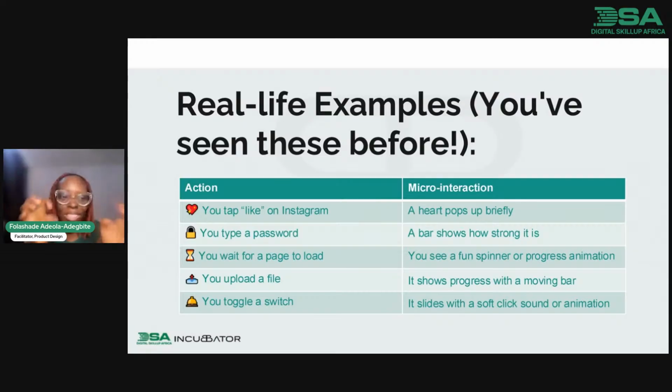That is the interaction, that thing that happened when you tap. If you are not using your phone for watching this lecture, go on Instagram and like somebody's post. You will see that the heart will pop up briefly, very sharply. That is micro interaction.